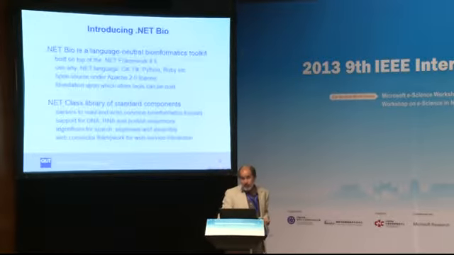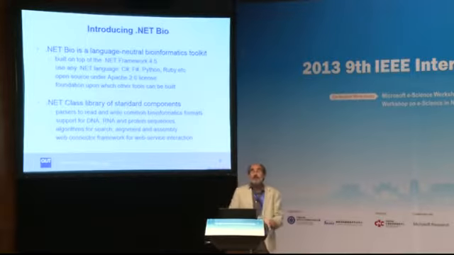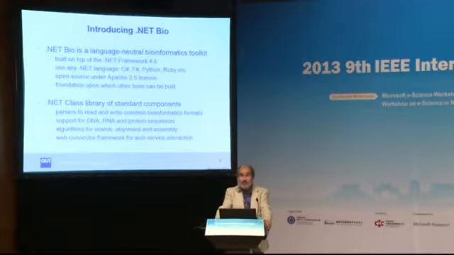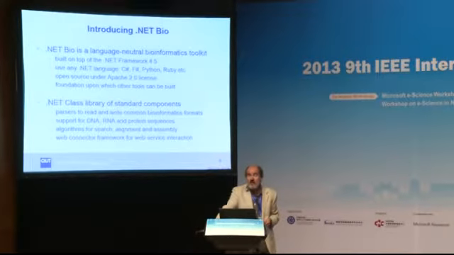projects. So the .NET Bio project itself began a number of years ago as a project initiated from Microsoft Research and Microsoft Research Connections. It's a language-neutral open source toolkit for bioinformatics based on .NET technologies. The current version is built on top of .NET 4.5.